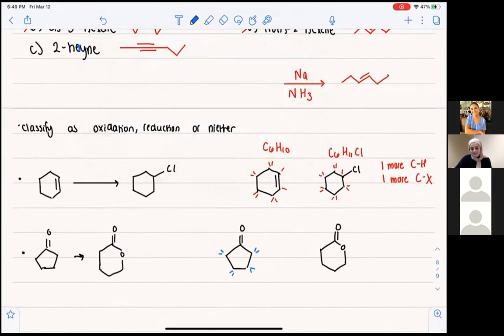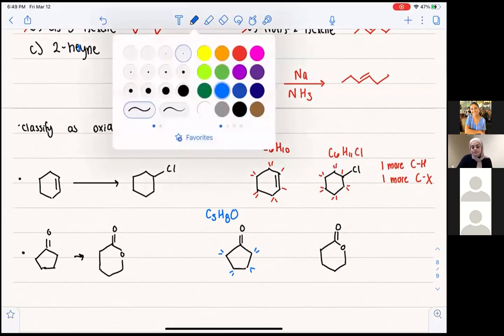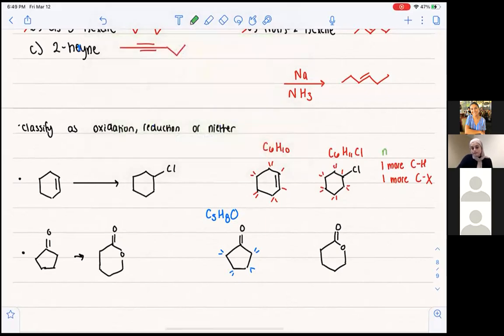This could be wrong, but I don't think it could be reduction since your H's are increasing. And I don't really know why it's not oxidation. So the answer here is going to be neither. And that is because it's kind of canceling each other. You can't have both of them happening at the same time, is the way that I understood it.